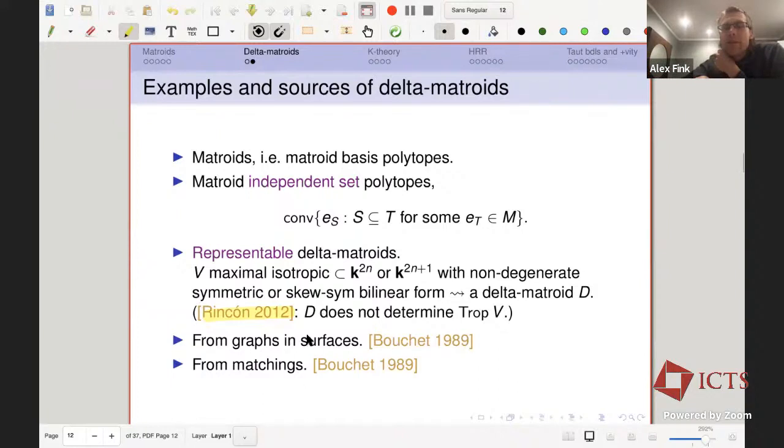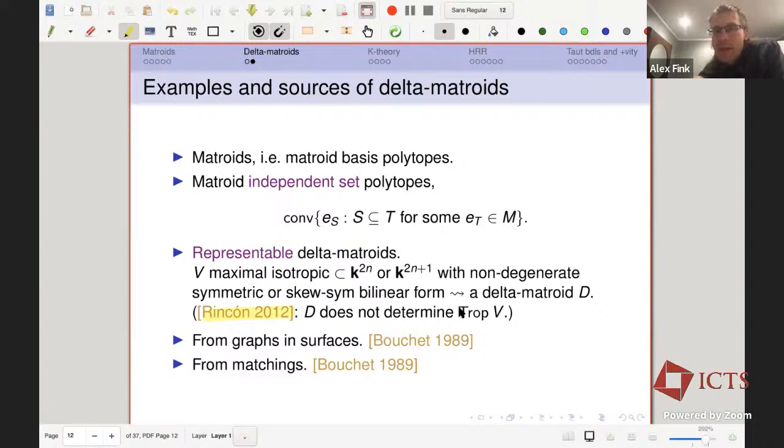But if I take this tropicalization and look at only certain of the strata in tropical projective space, the admissible strata, the ones that correspond to admissible sets, then I get a tropical object that corresponds to a delta matroid. It's a funny thing. It lives far into the boundary of 2n dimensional tropical projective space, but it is there.